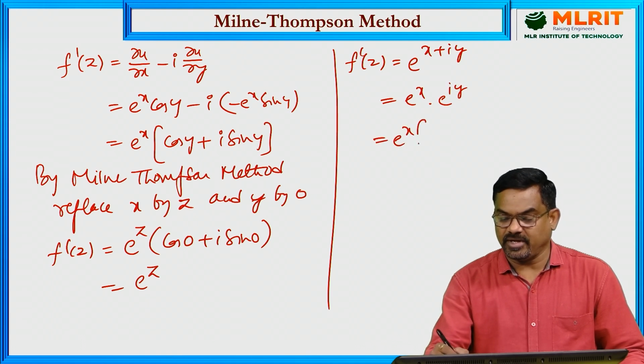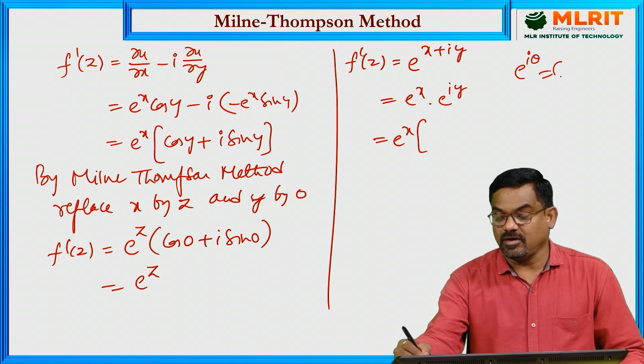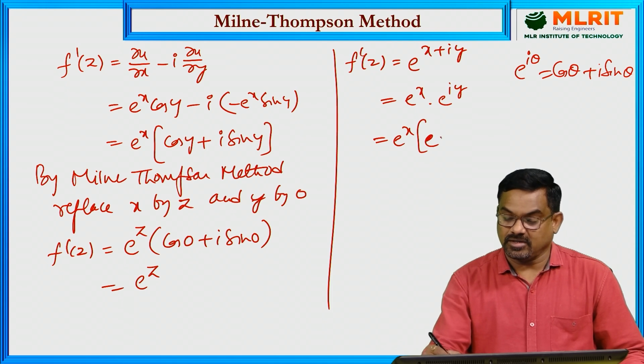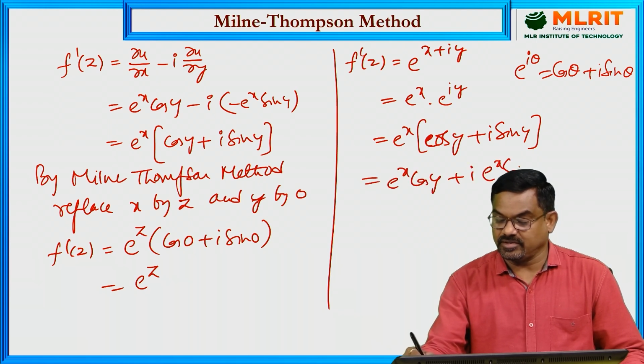And what is e power iy? e power i theta is cos theta plus i sin theta. So e power iy is cos y plus i sin y, which is e power x into cos y plus i into e power x into sin y.